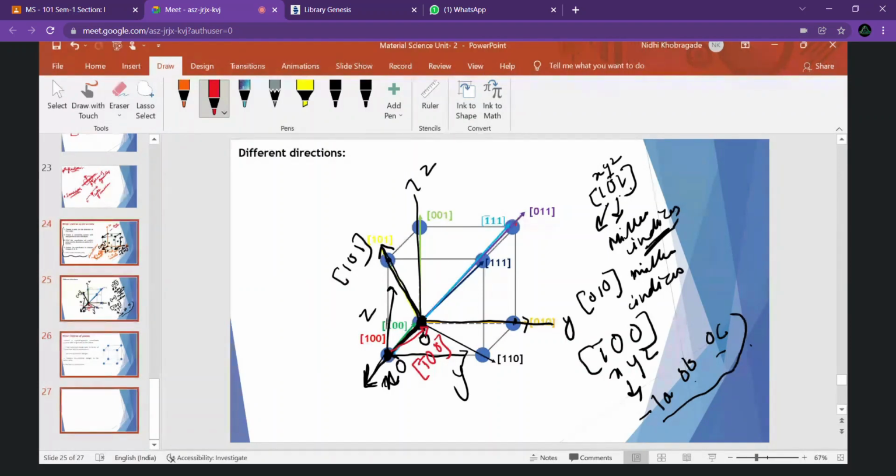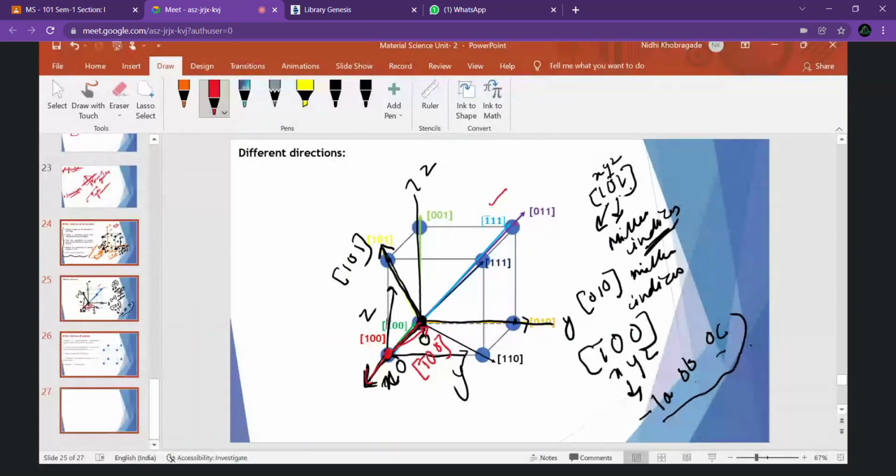Okay, similarly, if we want to mark this negative side, that is minus 1 1 1, means minus 1a, 1b and 1c. Okay, so this is our choice of origin, right? This is the positive side, so this will be the negative side, right? So it will move from this to this.